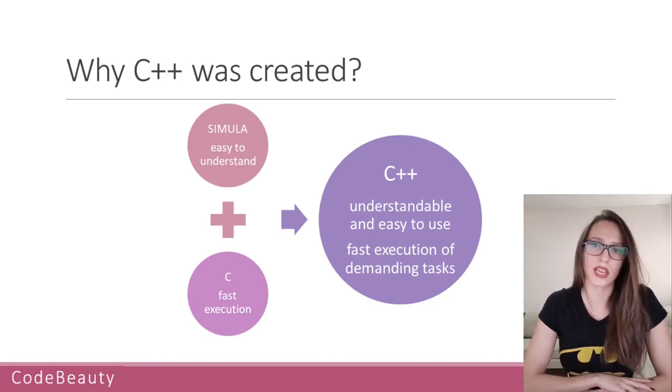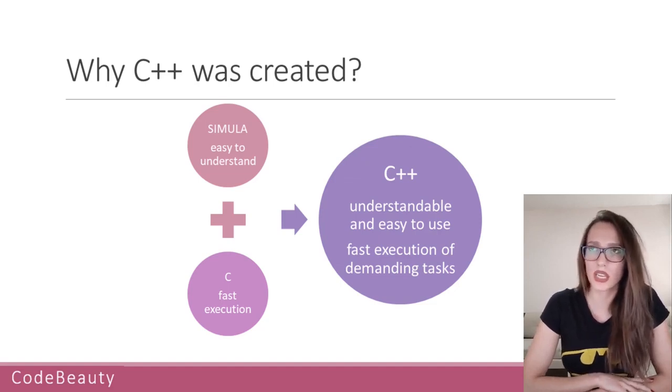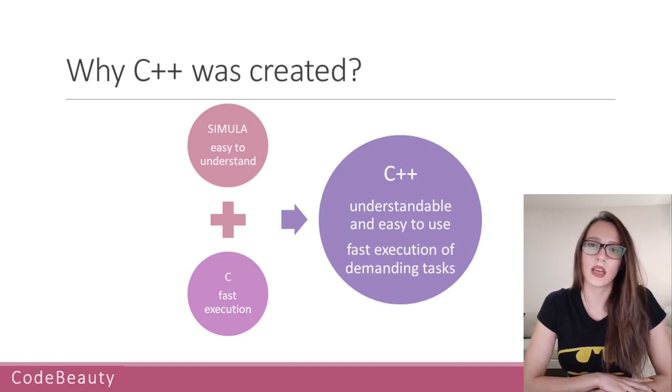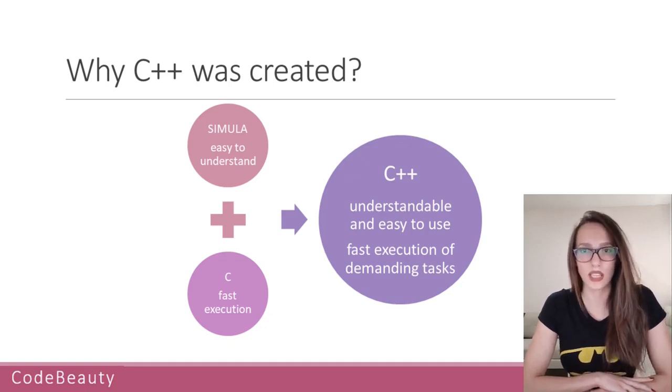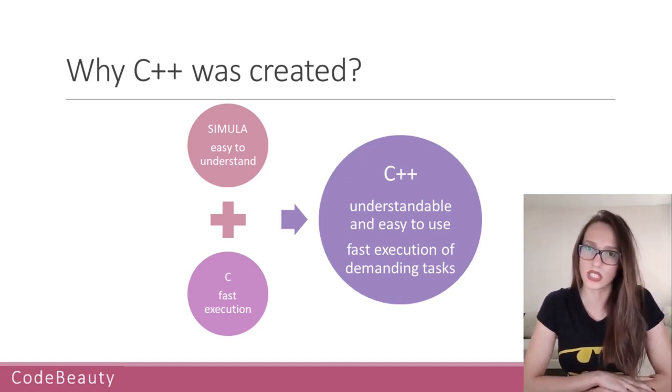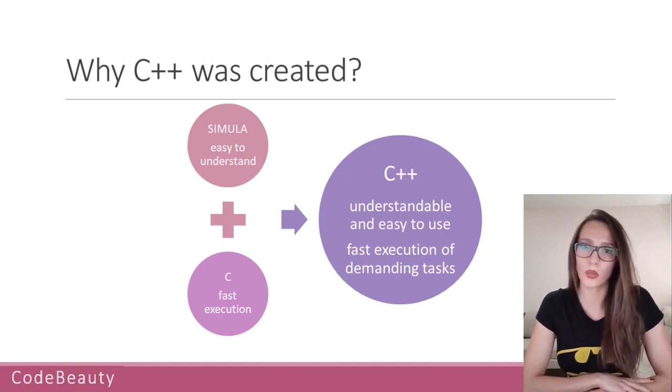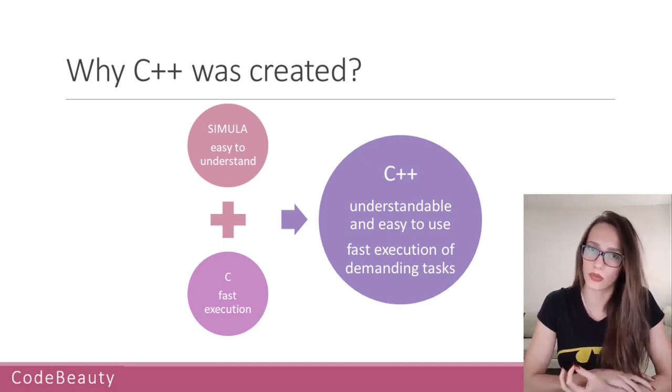Why was C++ created? Another question. Because before it there were other programming languages. Well, yes, there were, and it was created in the 1980s with two programming languages in mind. One of those two was Simula, and the other one was C. Simula at the time was a great language for the human way of understanding and representing things.